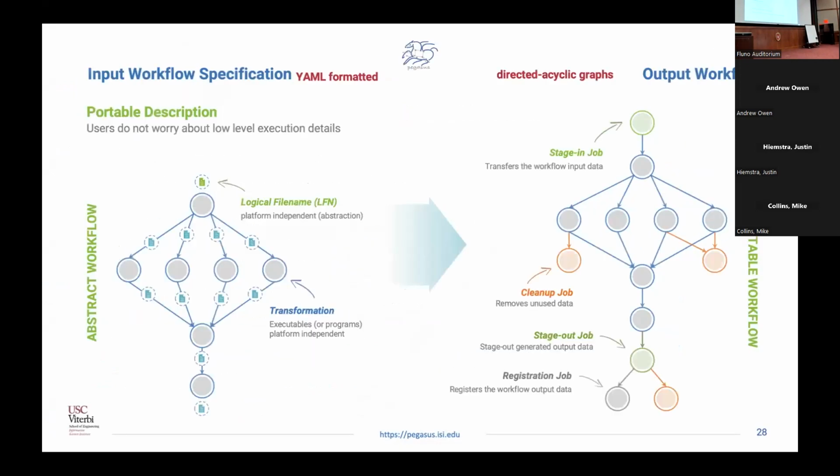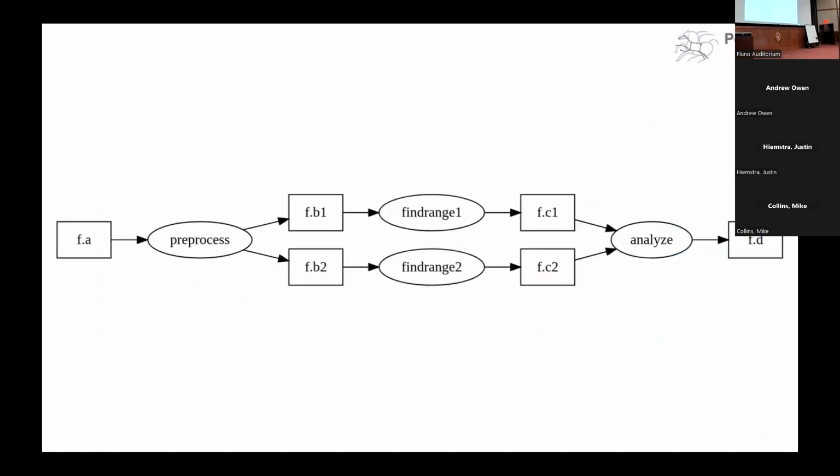So we talked about this. I mentioned that what Pegasus does is it takes this abstract workflow and generates an executable workflow. As part of our hands-on exercises today, we are going to take a simple diamond workflow, a diamond DAG, where we have a preprocess job that takes an input file and generates two outputs.